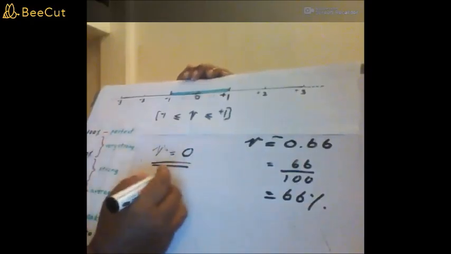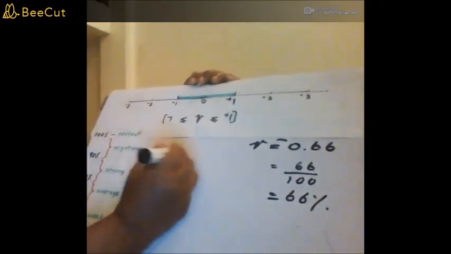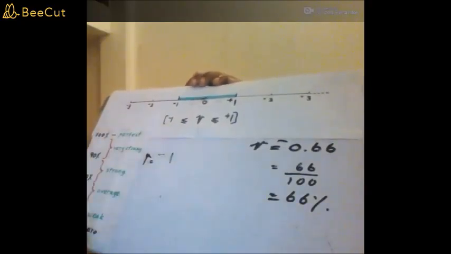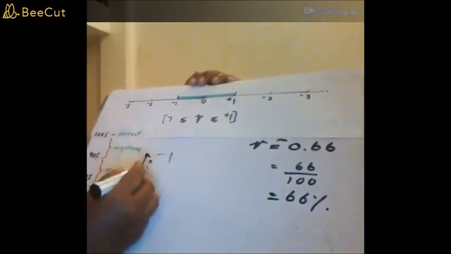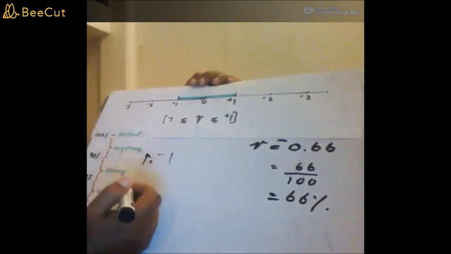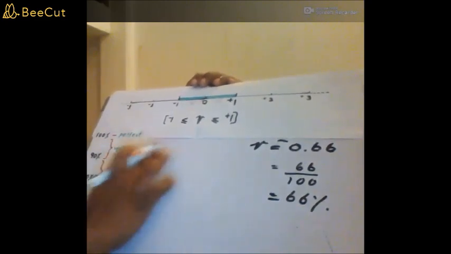That means there's no relationship between X and Y, right? If you get minus 1, rho equals minus 1, how would you interpret this? There's a negative perfect relationship between X and Y. Alright.